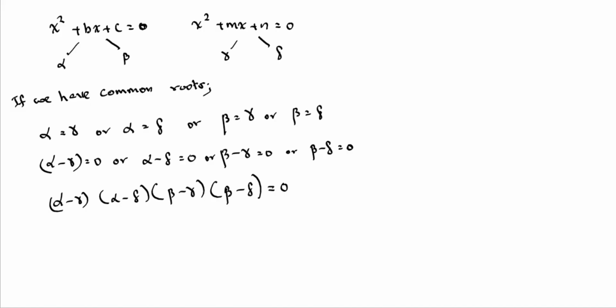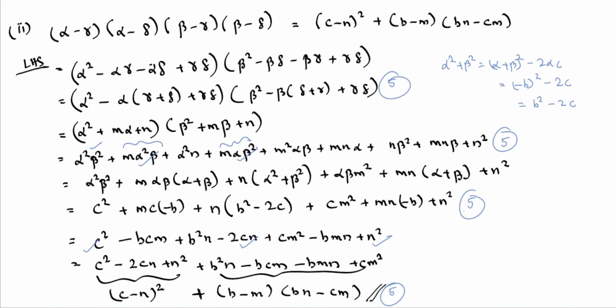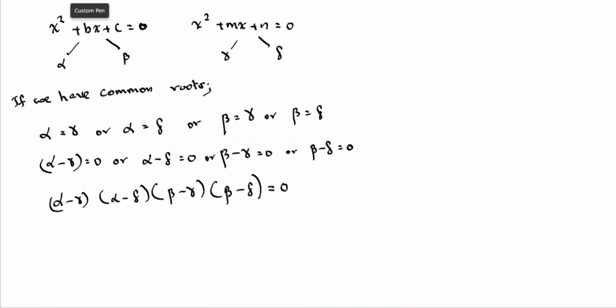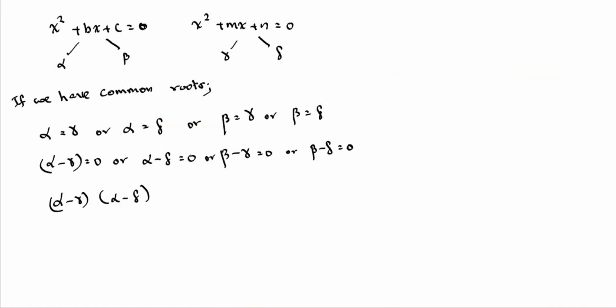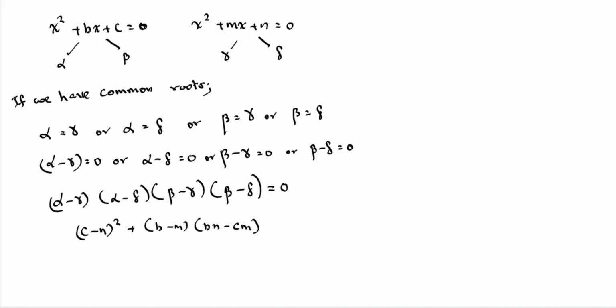Now this looks familiar because this is where we started the question. This part here, this part is here. Now instead of this, you can write this. So instead of this, I'm writing c minus n whole thing squared plus b minus m, bn minus cm equals 0.